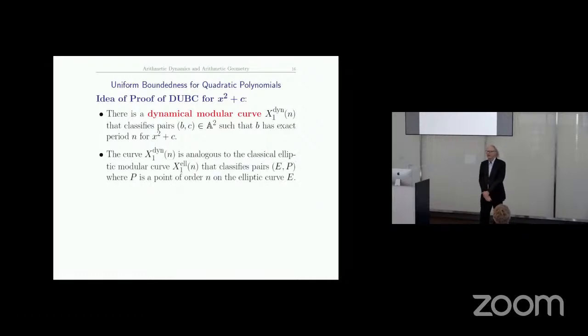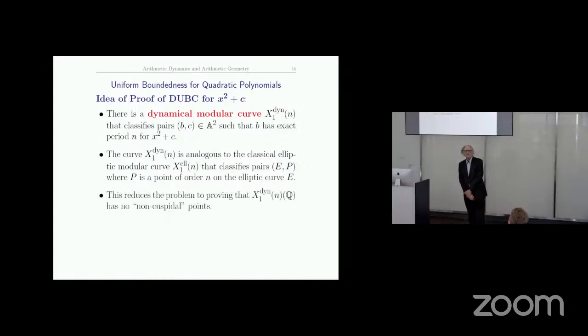It's very much analogous to the classical elliptic modular curves, which classify elliptic curves with a point of order n, which in fact is the starting point of the proof of Mazur's theorem. So this reduces the problem of looking at the dynamics to, well, I have a curve, I just want to find all the rational points on it, and in this case, prove that there are no non-cuspidal rational points if n is 4 or bigger, say, or for any particular n.